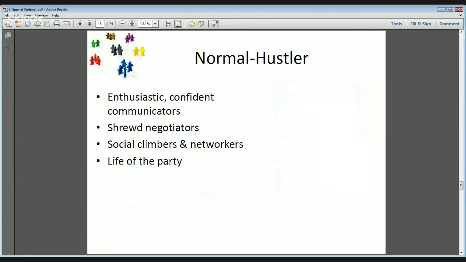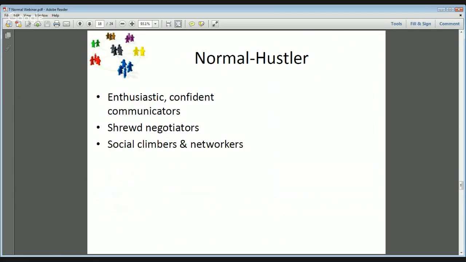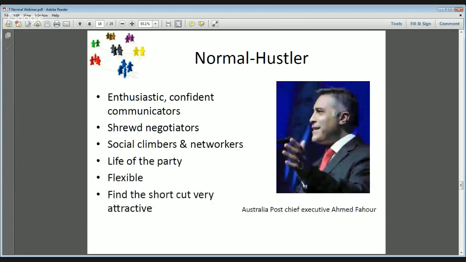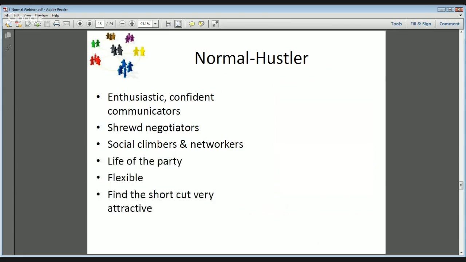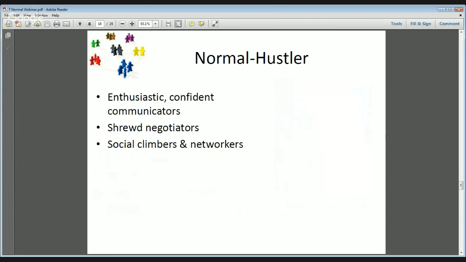By comparison, for example, the head of the United States Postal Service, which is 20 times bigger than Australia Post, is paid $500,000 a year. So you have this irony that the Australia Post CEO, who is managing a business that's 1/20th the size of the US, is being paid 10 times as much as the US CEO.